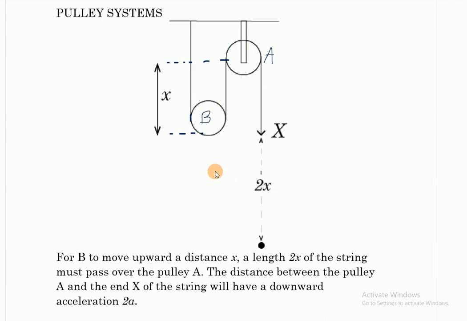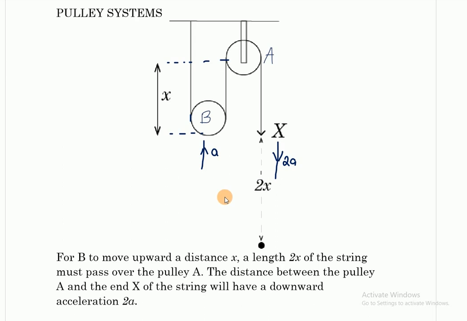That means that if the pulley is moving up with an acceleration A, this side will be moving down with an acceleration 2A. We are going to use that consideration in solving problems to do with pulley systems, especially those containing this arrangement.